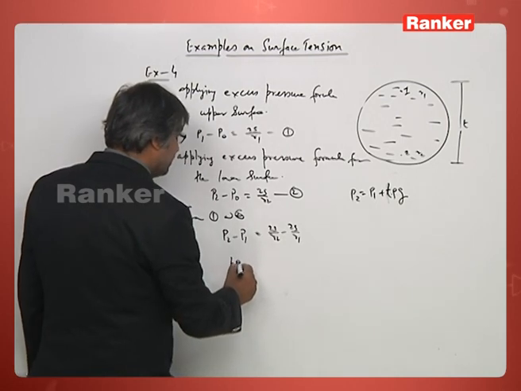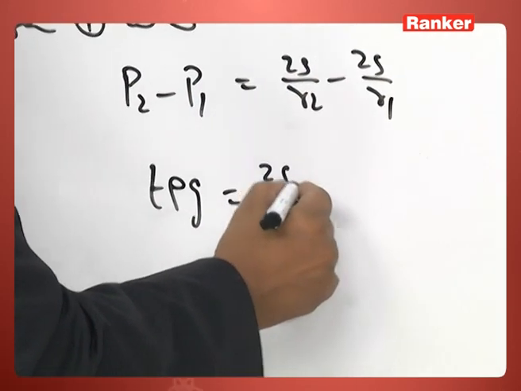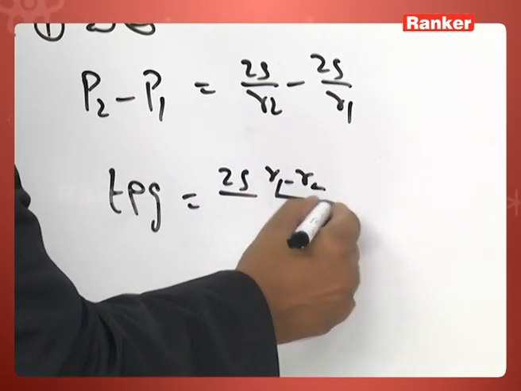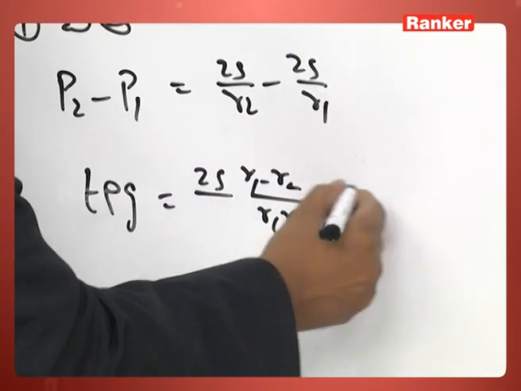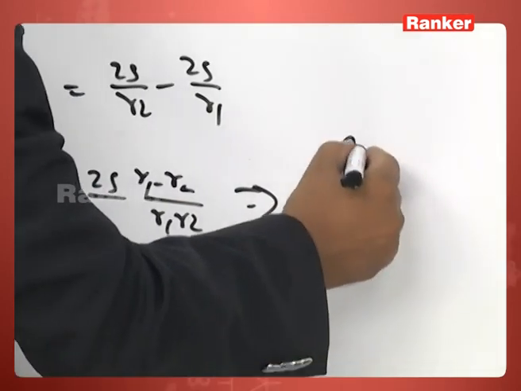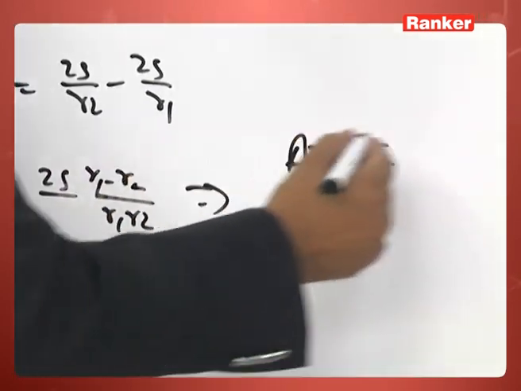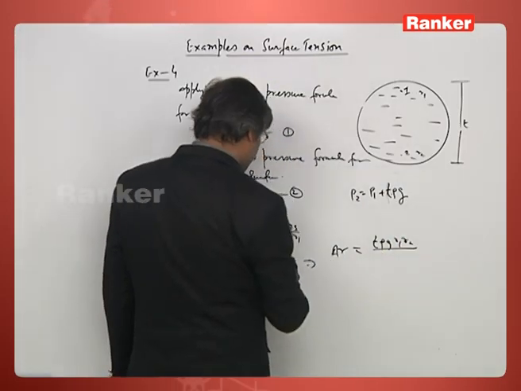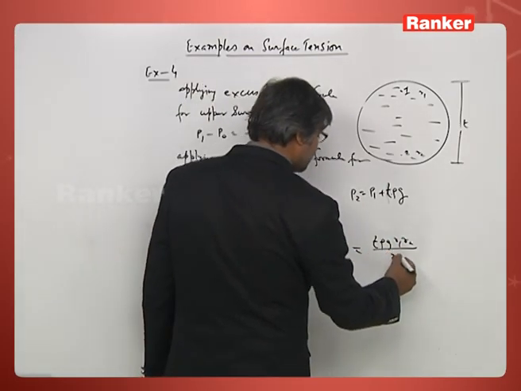So, we have t rho g is equal to 2S by R1 minus R2 by R1 R2, which implies delta R, that is R1 minus R2, is t rho g R1 R2 by 2S.